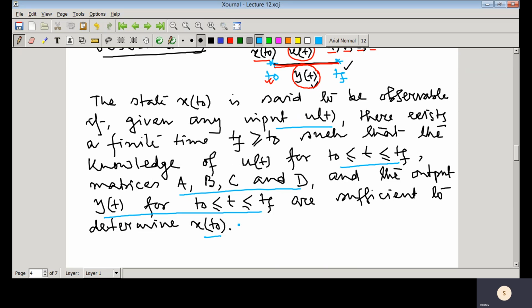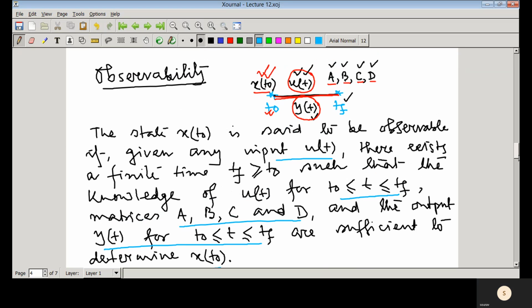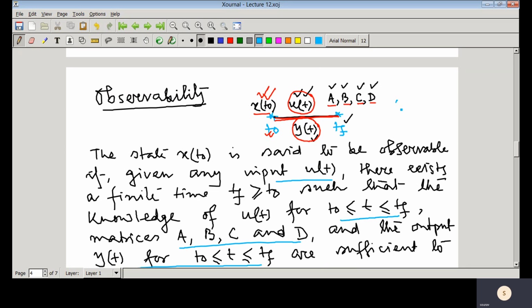So how would it be effective? With those given data, if you can calculate x(t0), then you know the state x(t) equal to e to the power A(t minus t0) times x(t0). You know that one.